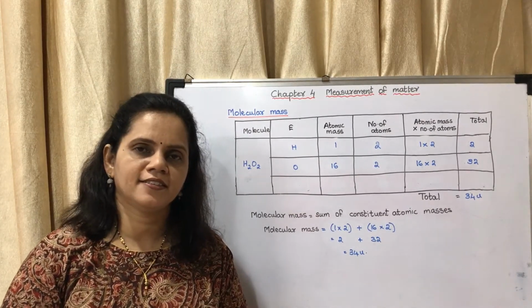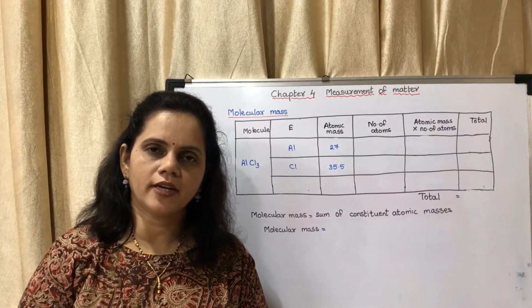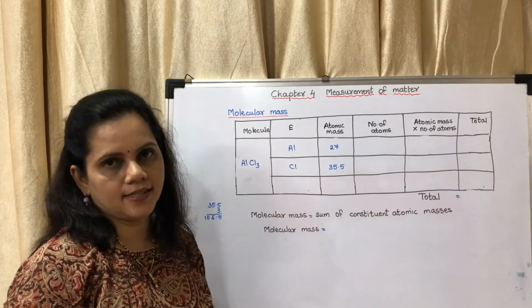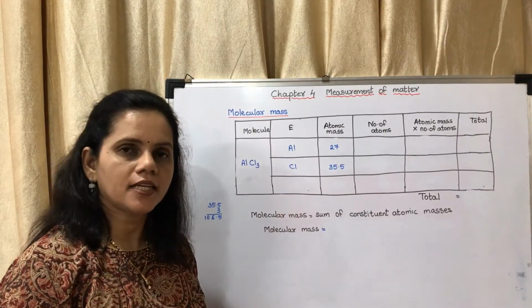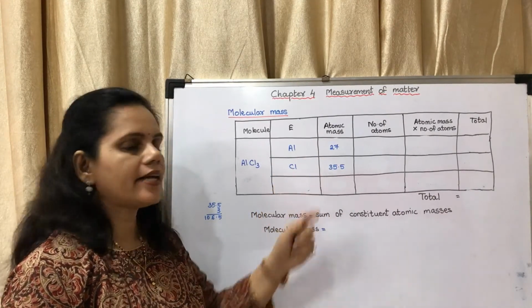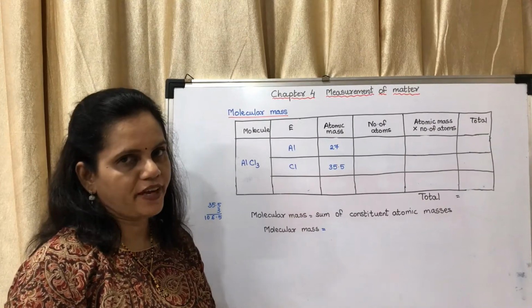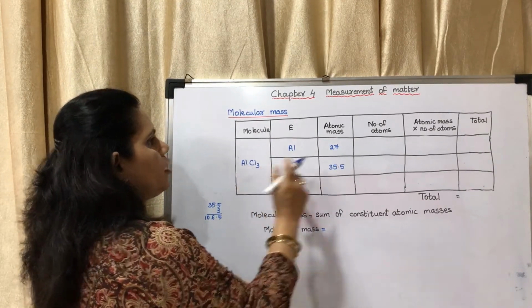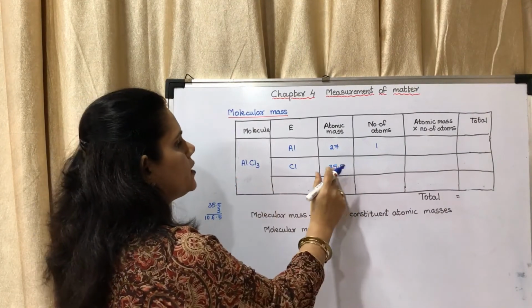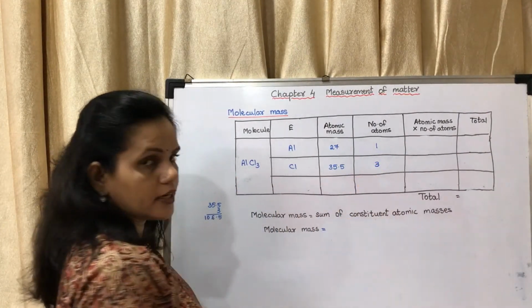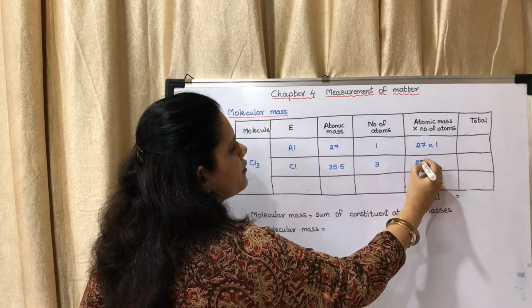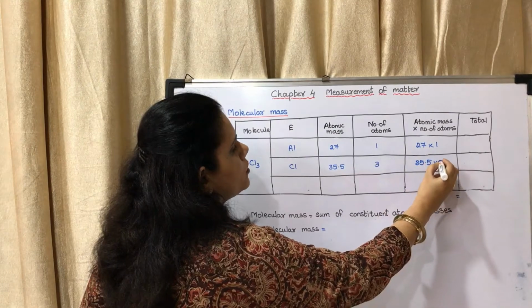You may copy. Now the next one is aluminium chloride, that is AlCl3. What are the constituent elements? Al and Cl. Al is aluminium, Cl is chlorine. Aluminium, the atomic mass is 27 and chlorine, the atomic mass is 35.5. Okay, so how many atoms of aluminium? There is only one atom of aluminium. How many atoms of chlorine? That is 3 atoms of chlorine. Okay, so you will have to multiply 27 with 1 and 35.5 into 3.